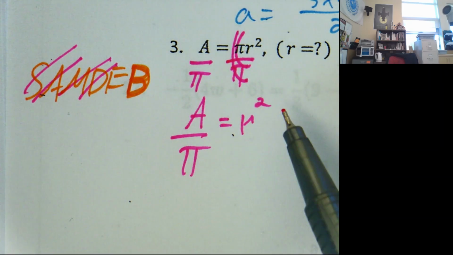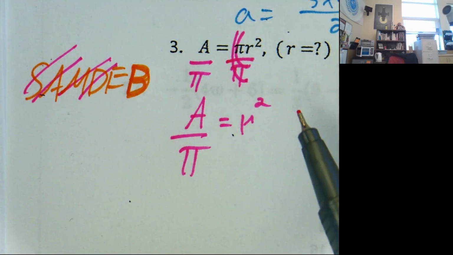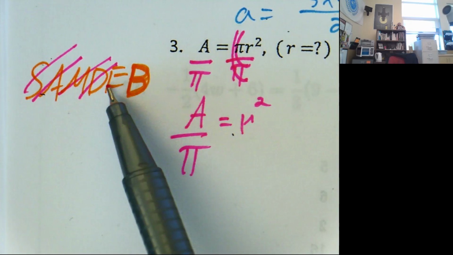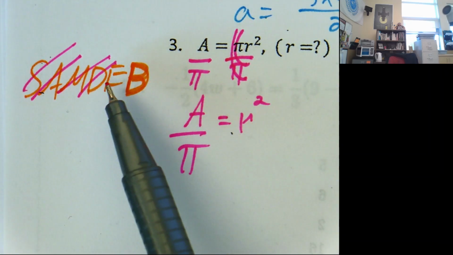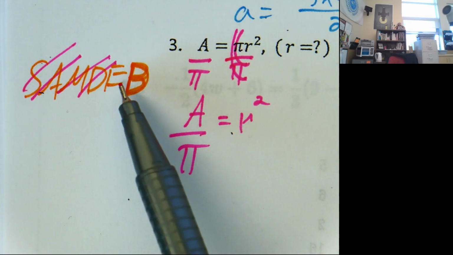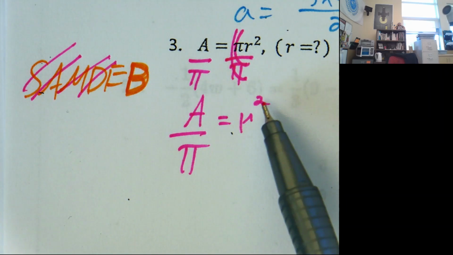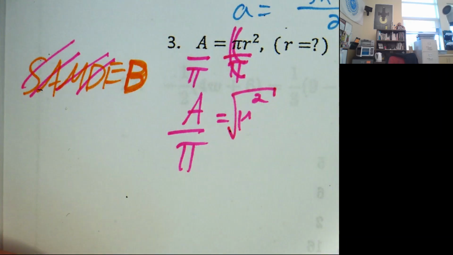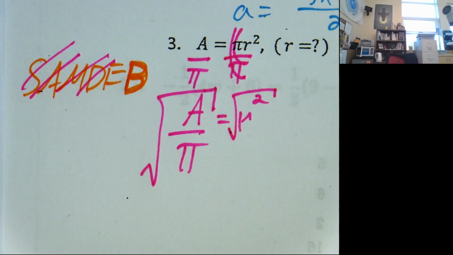Because squaring and square rooting are opposites of each other, to get r by itself here, we are going to undo the square by square rooting. I said in that chapter that roots and exponents both fit into the E section. And we're going to do that to the whole right-hand side and the entire left-hand side.